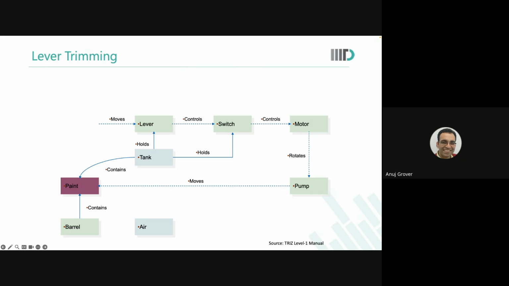Should we try this? So I remove the lever also. Now I need something to control the switch. The other two functions are taken care of. I now need to control the switch.